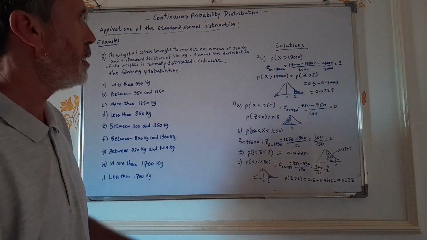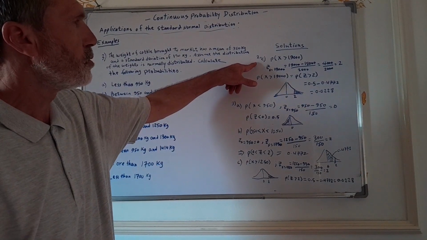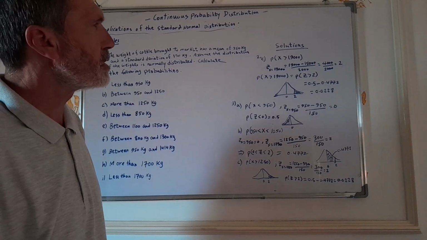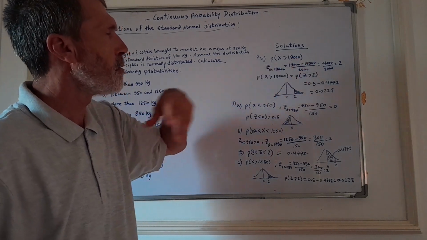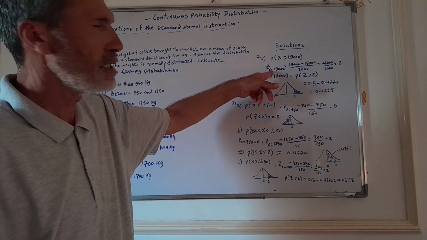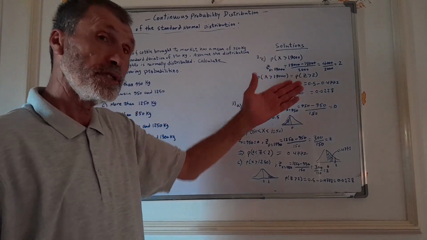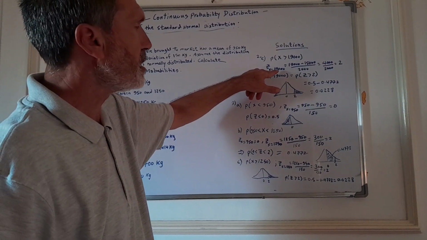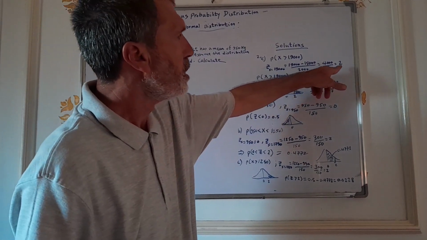Now, the last part of problem 2 is to calculate the probability of x greater than 19,000. First, we convert the normal into the standard normal. We calculate the z of x equal 19,000, and we come up with 2.